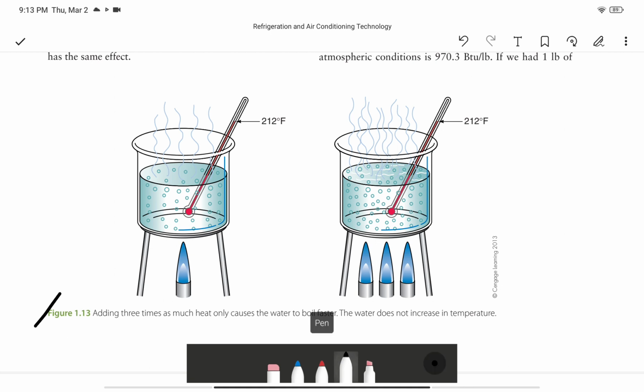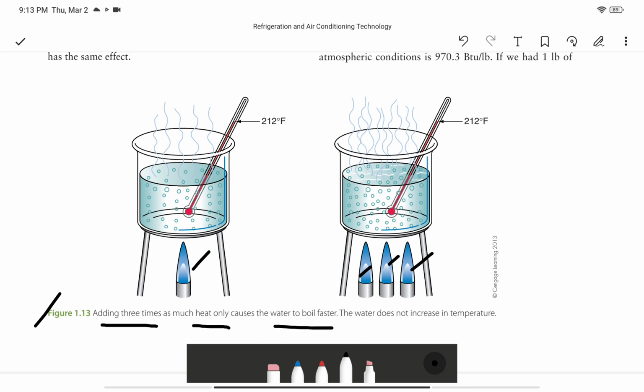It is famously called latent heat. So in figure 1.13, adding three times as much heat, one, two, three, compared to only one here, only causes the water to boil faster.